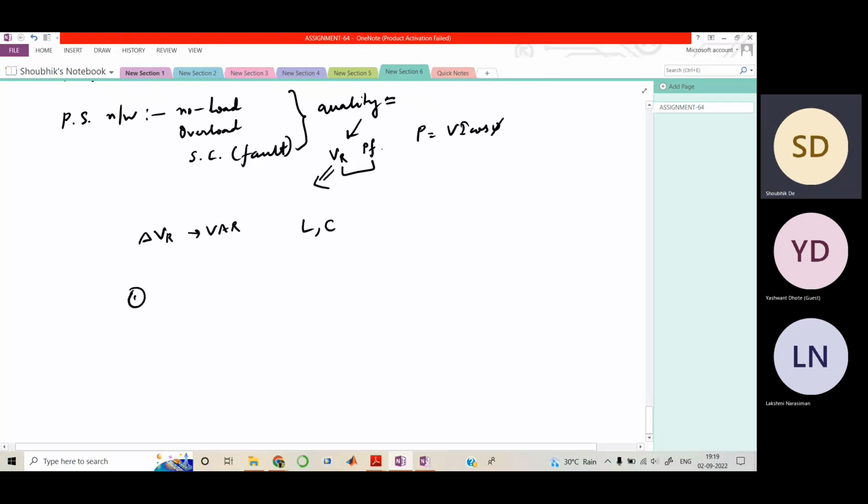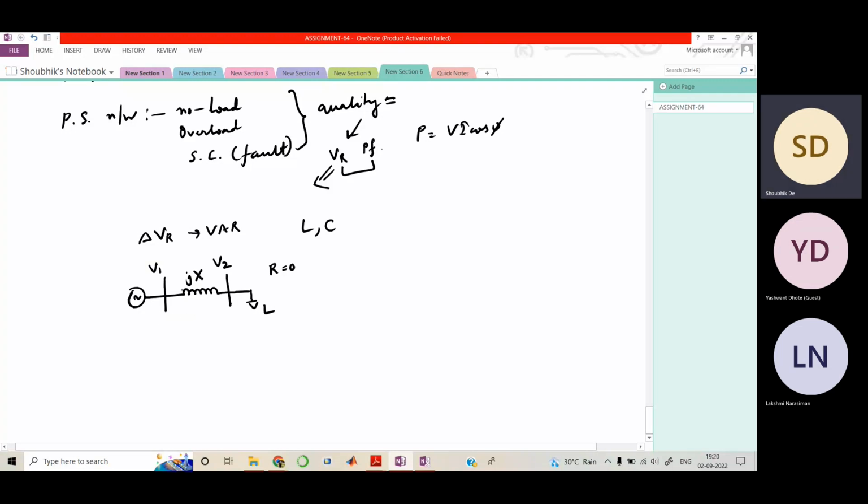So let us consider a very simple transmission line. This is the sending end, and this is your receiving end with a load, right? Let's say this is V1 and this is V2, and let us consider that the line is purely inductive, so R is 0.